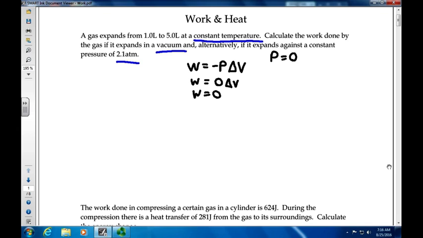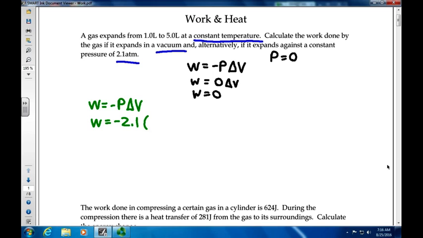So our next part of the problem asks if it expands at a constant pressure of 2.1 atmospheres. So we're going to come over here and rewrite this as work is equal to negative pressure times the change in volume. And when we do that, we're just simply going to account for the pressure, which is negative 2.1, because we have a negative in front of pressure. And then we're going to multiply that by the change in volume.